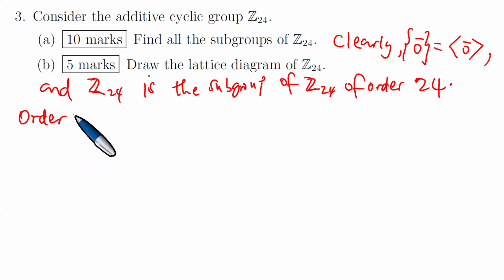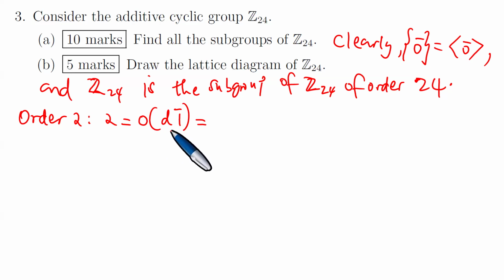So, for instance, if you look at order 2, it would be 2, the order of D1 bar.